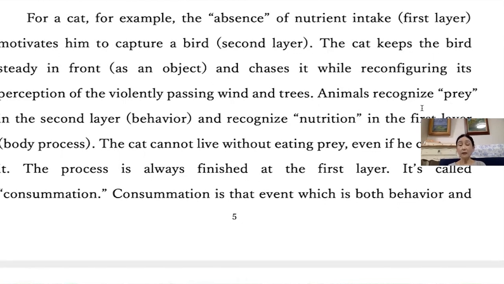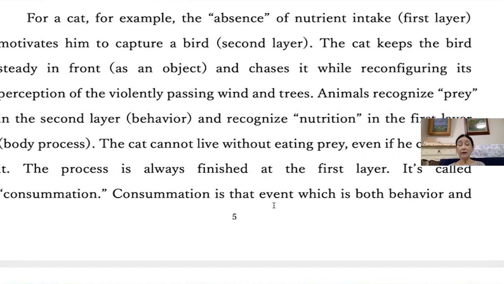Animals recognize prey in the second layer behavior and recognize nutrition in the first layer body process. The cat cannot live without eating prey, even if he captured it. The process is always finished at the first layer. It's called consummation.